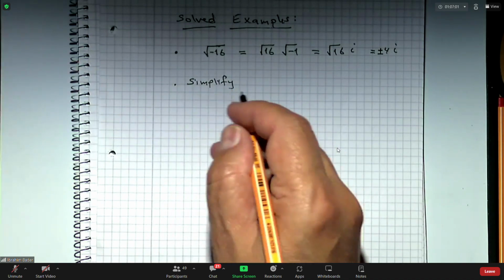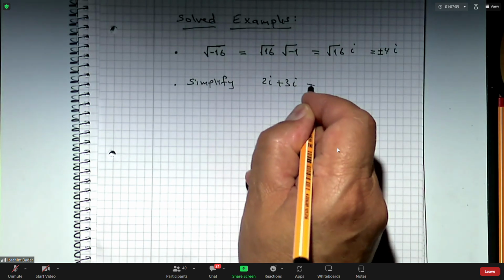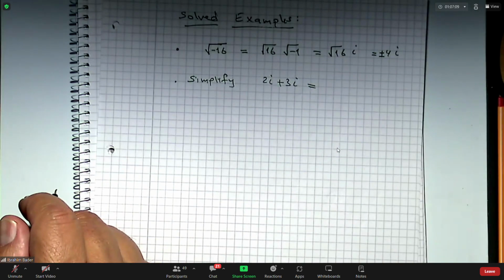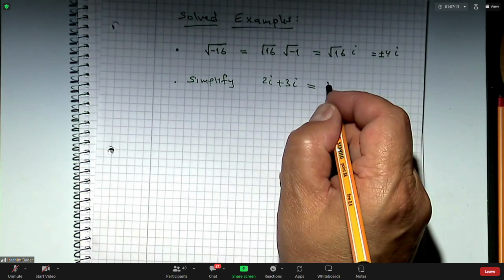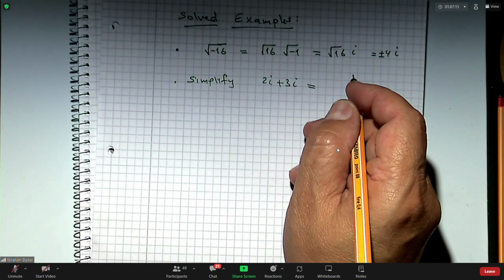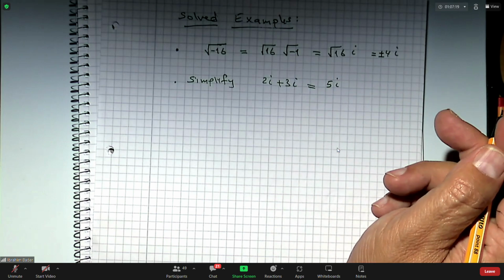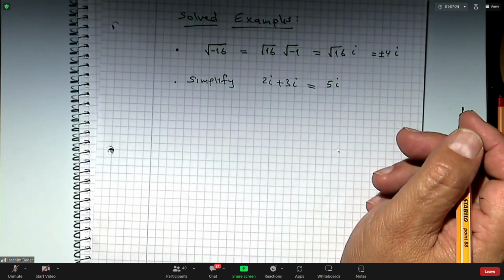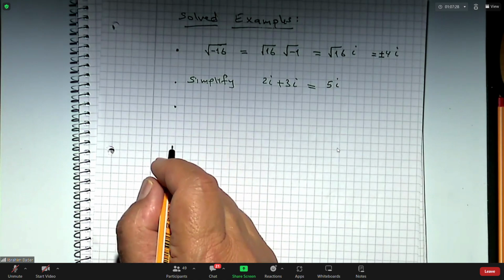So simplify 2i plus 3i, which is straightforward. Here I don't have any real component, right? So what do you think? 5i. If you add two numbers that are purely imaginary, you will end up with a number that is purely imaginary as well.